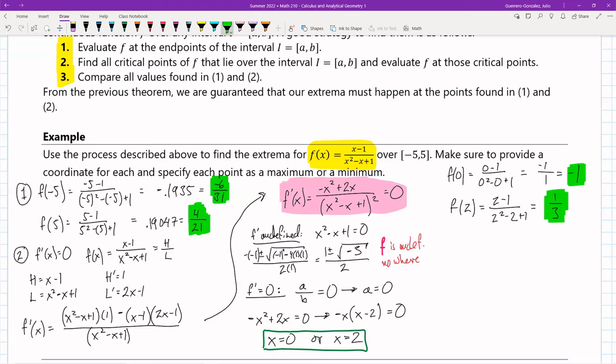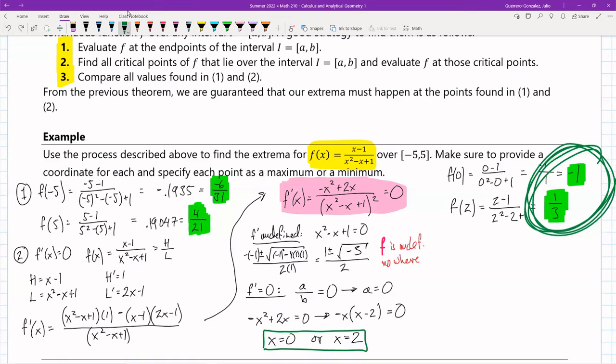If you recall from the theorem that was presented right before this, our extrema must exist at either the endpoints, these two right here, or at the critical values, which we just now found at the end of step 2.